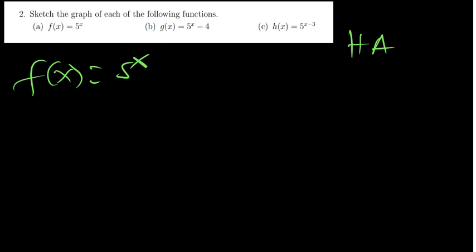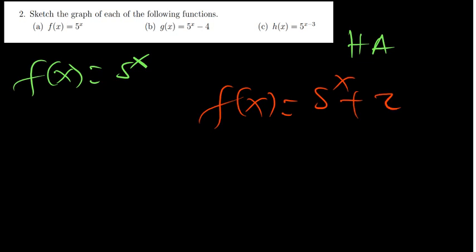But in a case like part B, where it's saying minus 4, the horizontal asymptote is negative 4. If I have f of x equal to 5 to the power x plus 2, the horizontal asymptote is 2. But if you don't have anything added, the horizontal asymptote is 0.